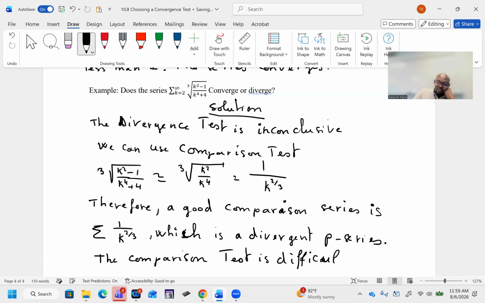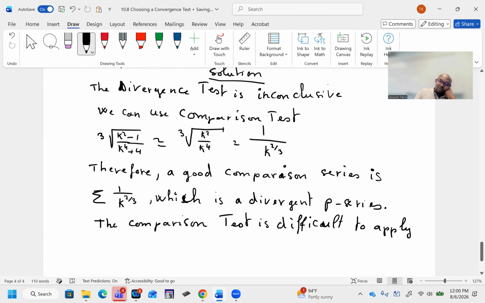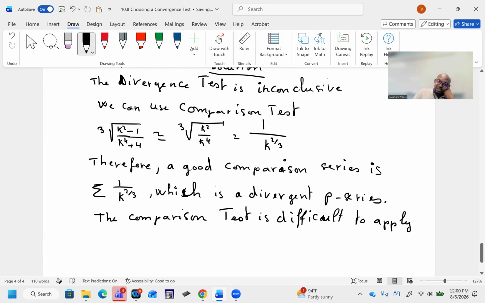Then now we have to use something else, because the comparison test is difficult to apply in this case.